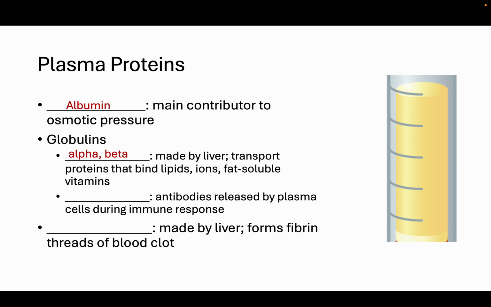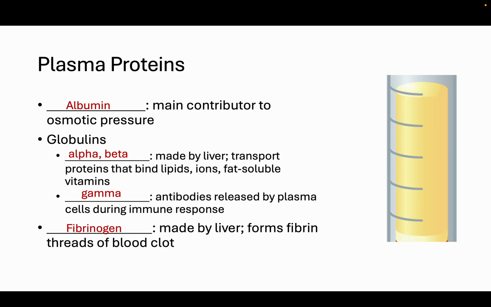You have alpha and beta, which are made by the liver and help transport proteins that bind lipids, ions, and fat-soluble vitamins. And then you have gamma globulins, also referred to as antibodies. These are released by plasma cells during an immune response.